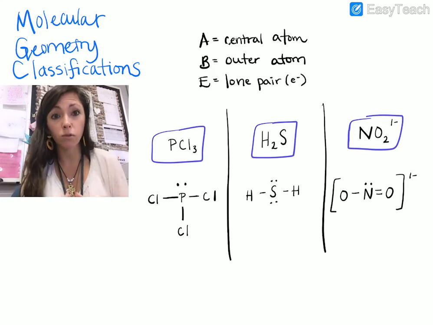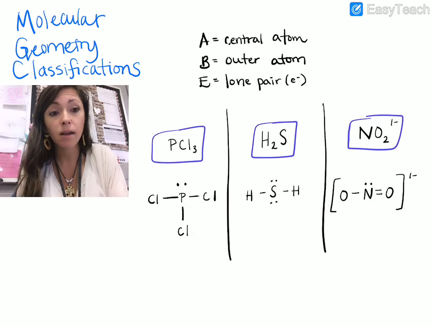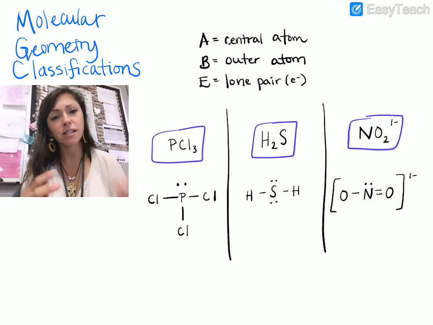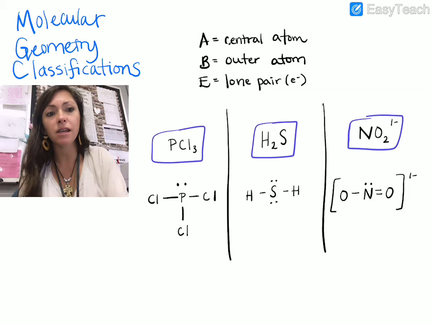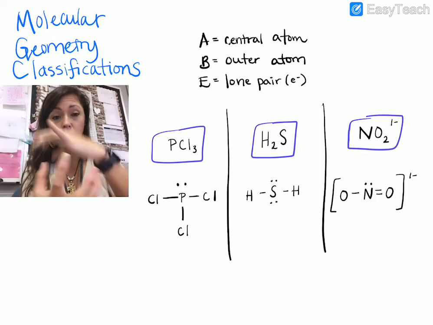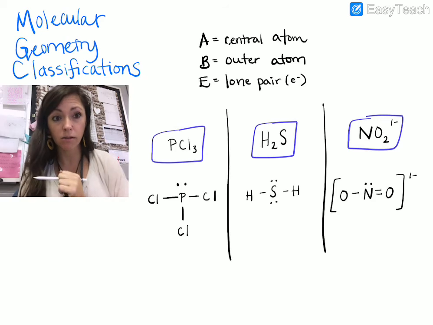I want you guys to understand that what we're looking at is the center atom and what is surrounding it, because the central atom is like the glue in the molecule, and it is what is going to dictate all of your geometry, how these items surrounding it are going to float and rotate and position themselves, okay?